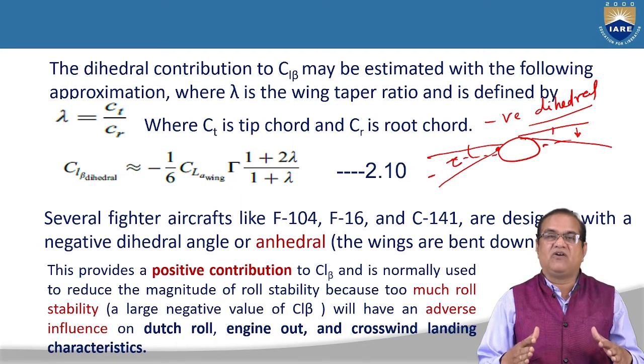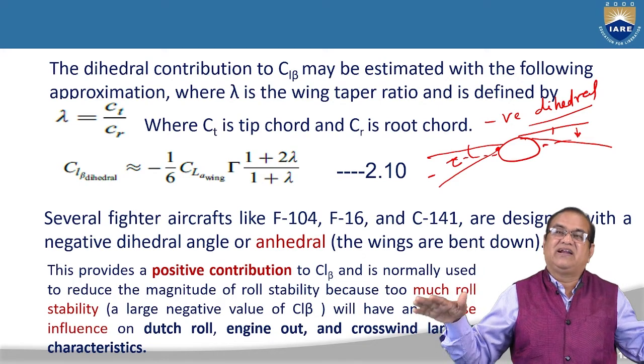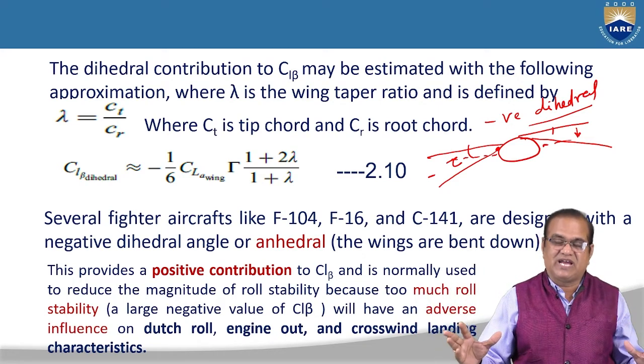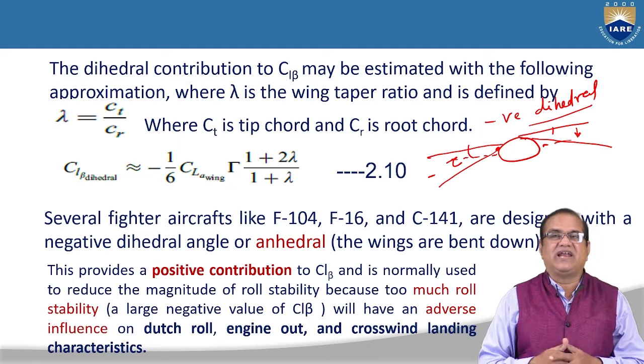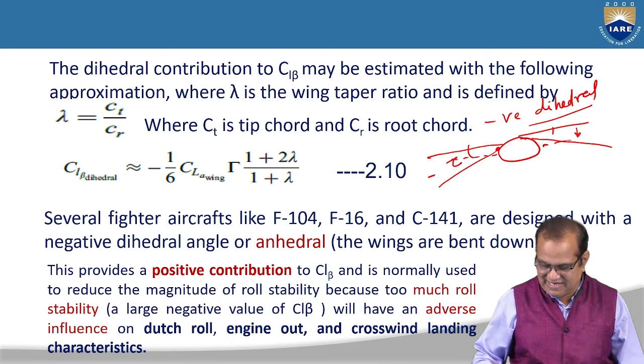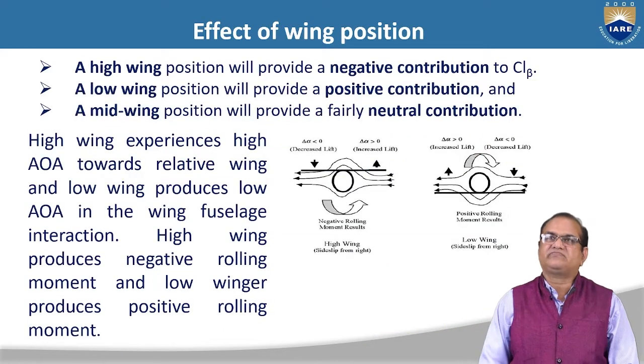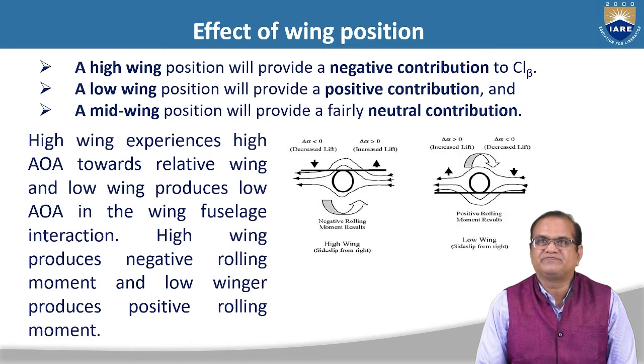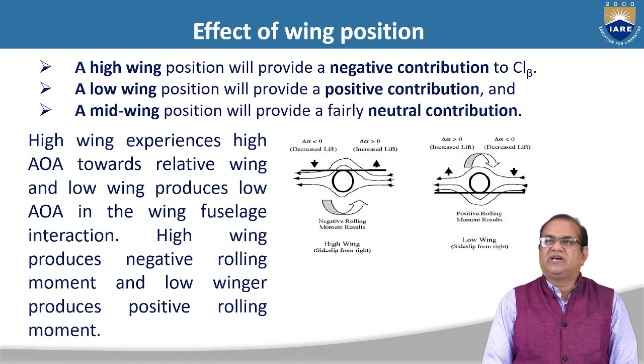So we should not have a very high dihedral, so that Dutch roll, engine out and crosswind landing problems can be avoided.